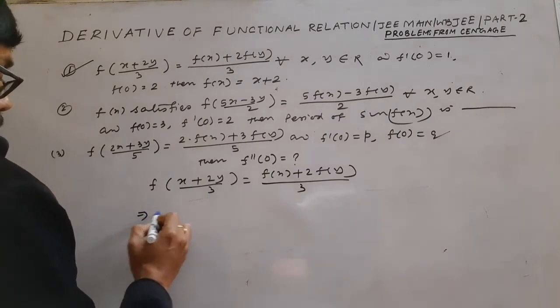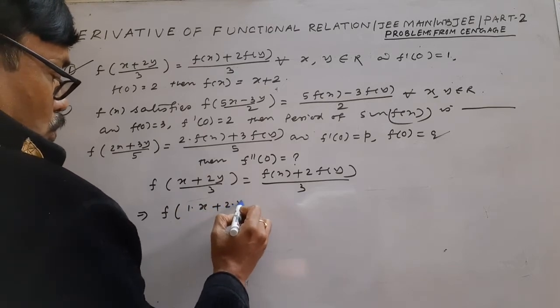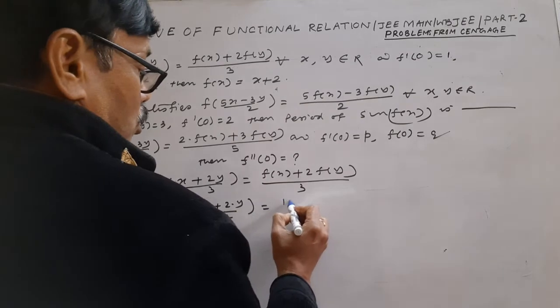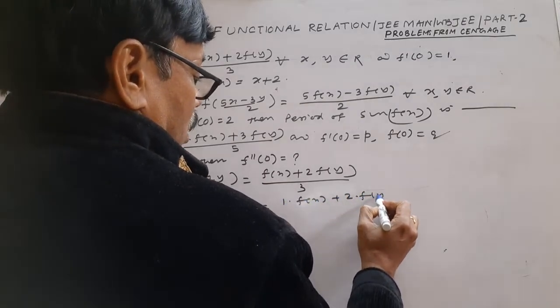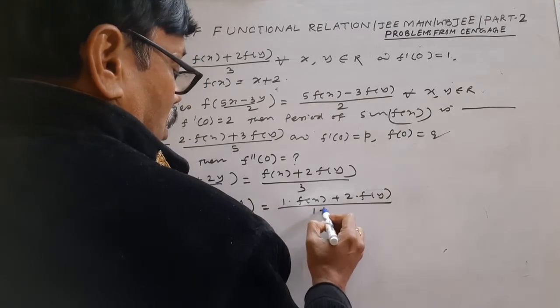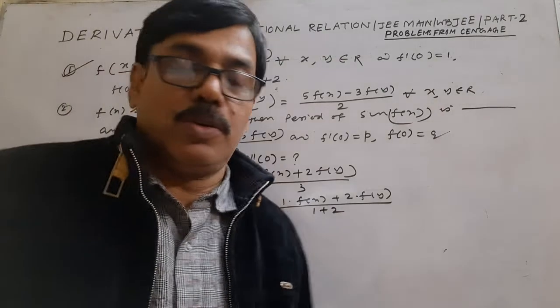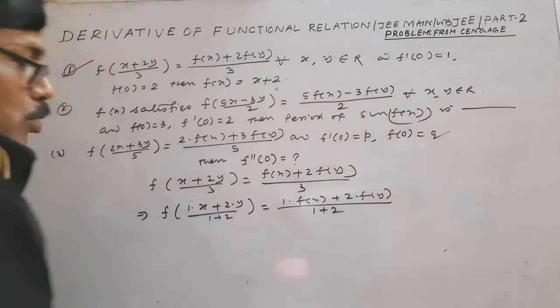So we can write it as f((1·x + 2·y)/(1+2)) = (1·f(x) + 2·f(y))/(1+2). Look, this ratio is 1 is to 2.